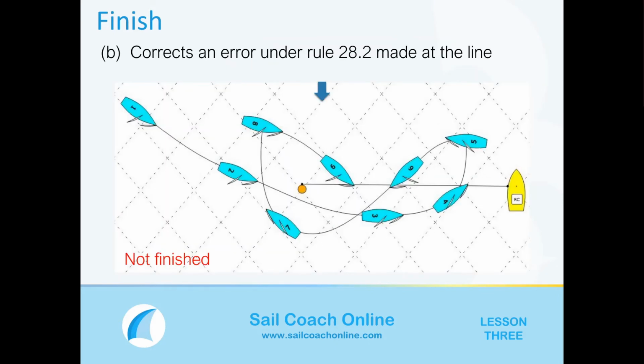cross the line, and then come back down over the line to finish. The example for part B corrects an error under Rule 28.2 made at the line. Here we see that the boat between position 2 and position 3 does not cross the finish line. She goes the wrong side of the finishing pin.